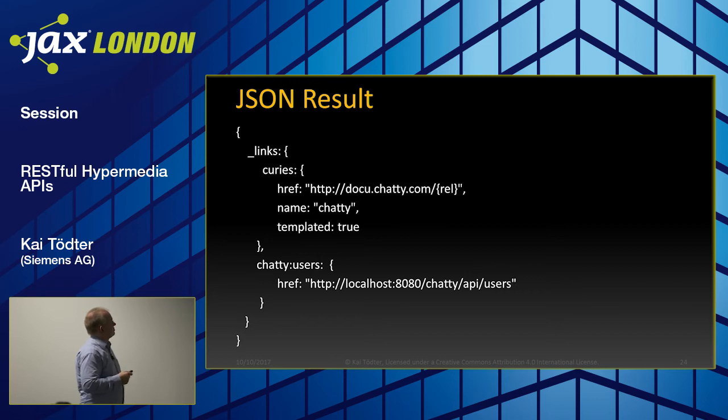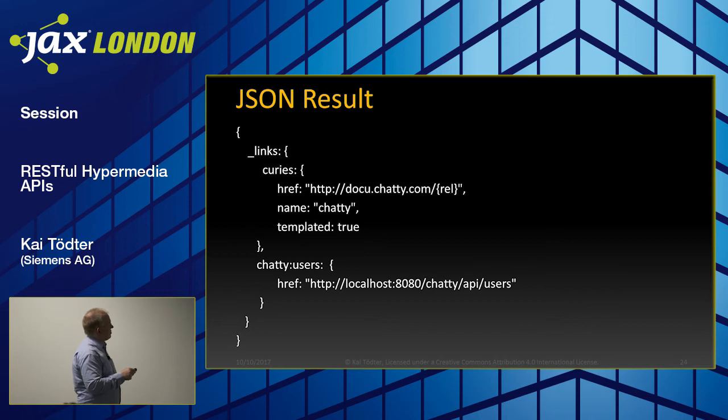So the JSON result would look like this. Here's these curies that I was talking about, meaning, for instance, I have a namespace here that is chatty. So the next link within chatty wouldn't be just users, but chatty:users.